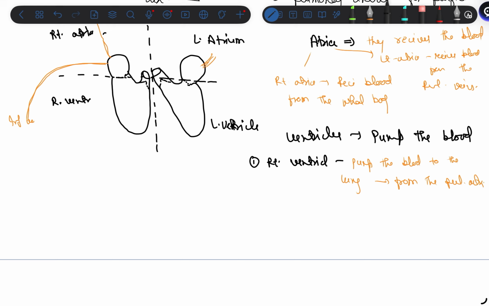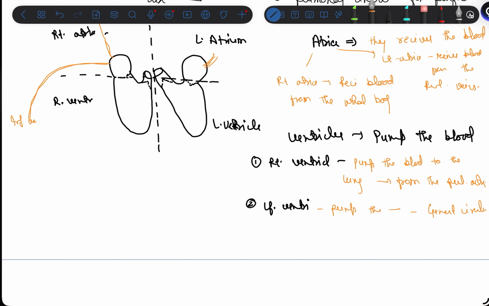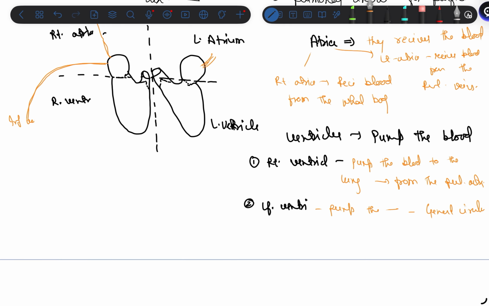Now the left ventricle pumps the blood into the general circulation, or to the whole body.